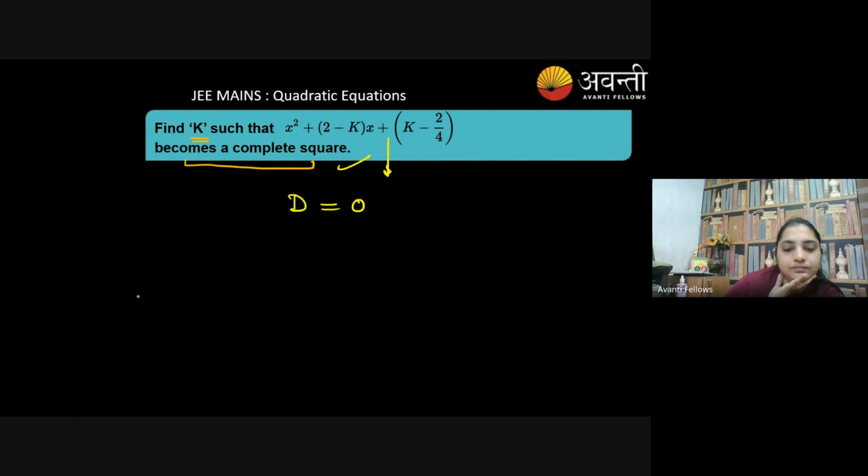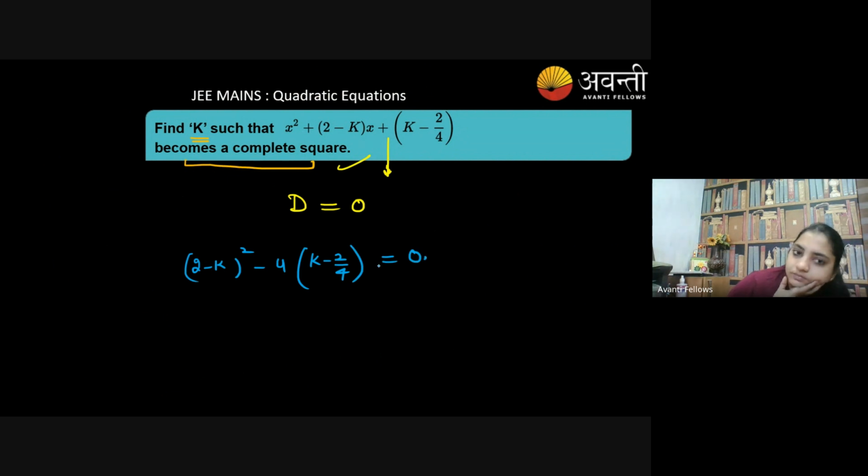How many agree? 2 minus k whole square minus 4 into k minus 2 upon 4 must be equal to 0, right? So 4 plus k square minus 4k minus 4k, minus 4k minus 2 plus 2 is equal to 0.